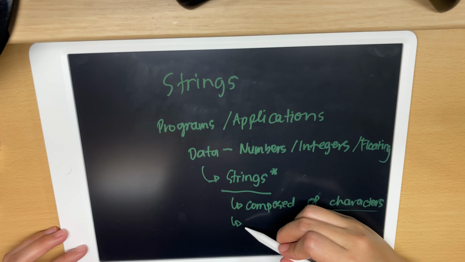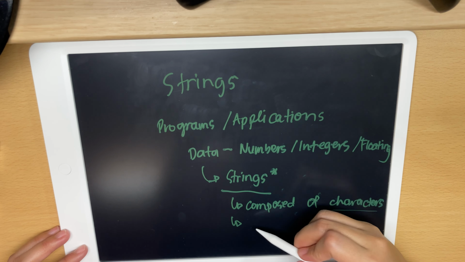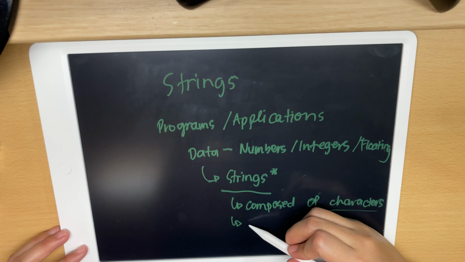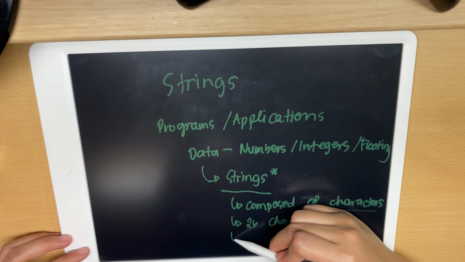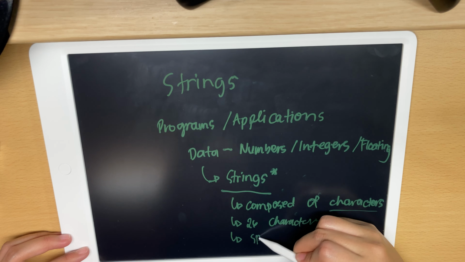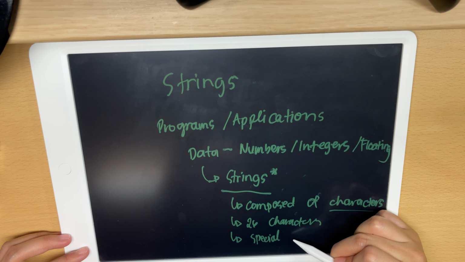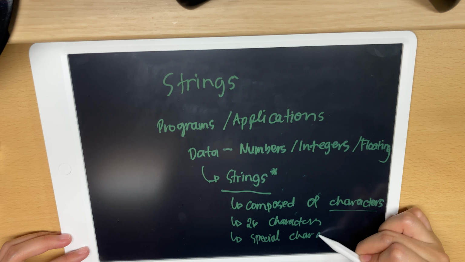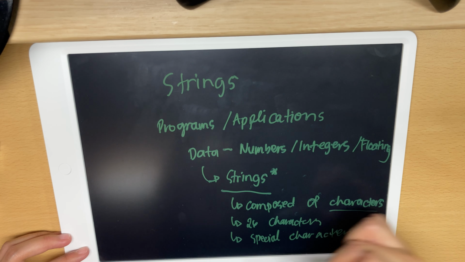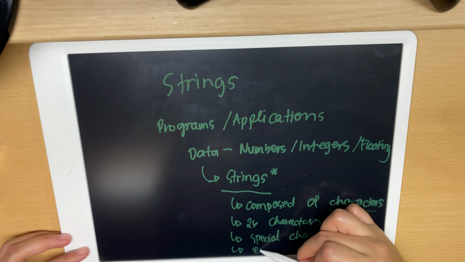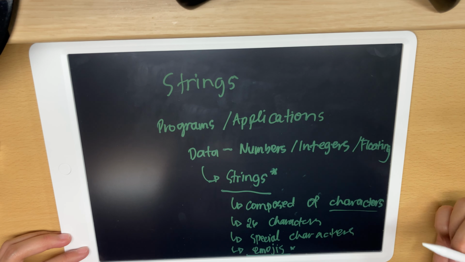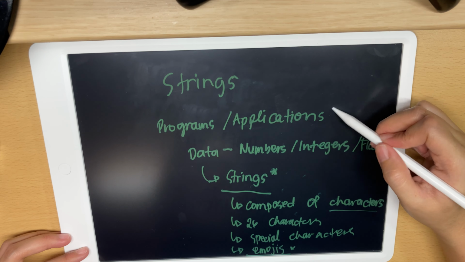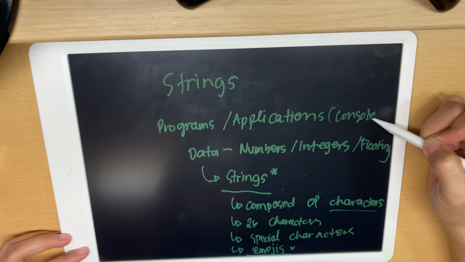So for example, for the English language, we have alphabets, 26 characters from A, B, C, D to Z, and then we have special characters, which are the punctuations that also count, and right now, more sophisticatedly, we have emojis. But for emojis, we're not going to cover it since we're just doing console applications.